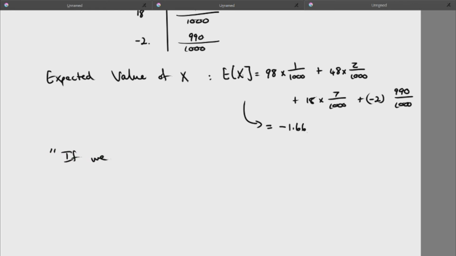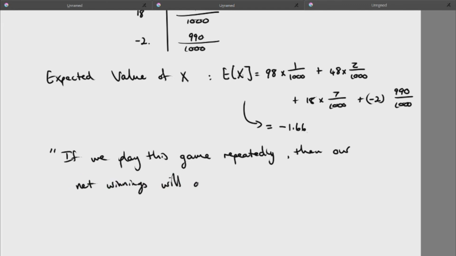If we play this raffle game repeatedly, forever and ever, then by buying one ticket, our net winnings, because that's what X is, will average to, in dollars, negative 1.66.